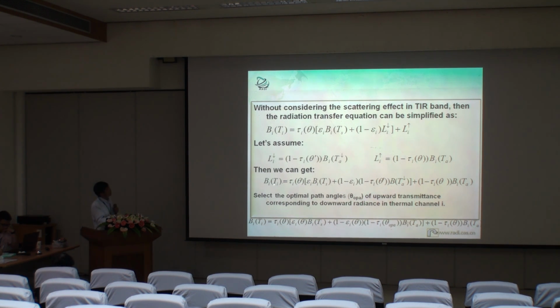Then we can get the Gini equations. So we can select the optimal path angle of the upward transmission corresponding to the downward radiance in the thermal channel. Why do we do that? Because the upward and downward atmospheric effective temperatures are different.